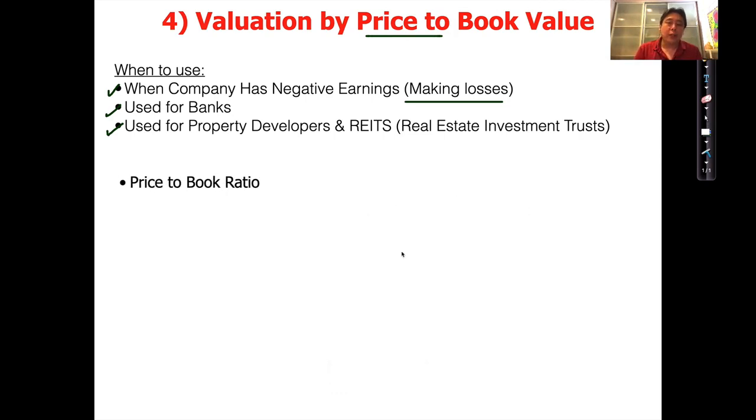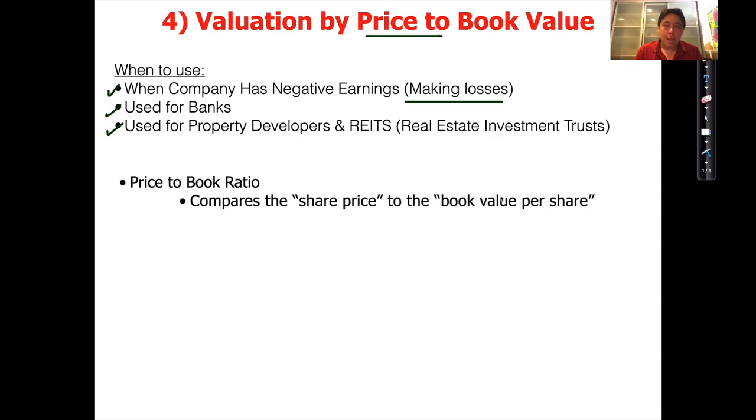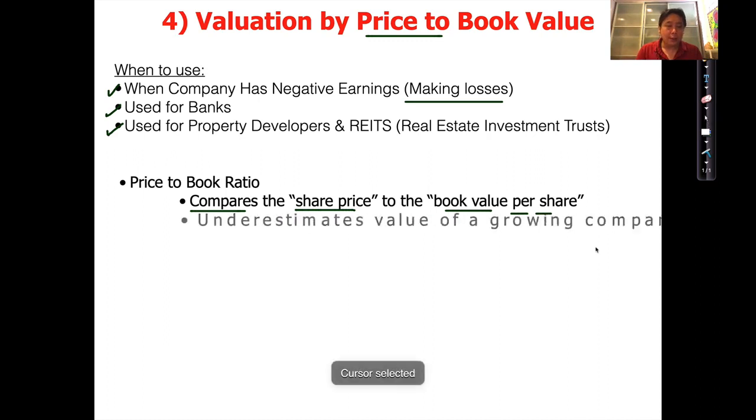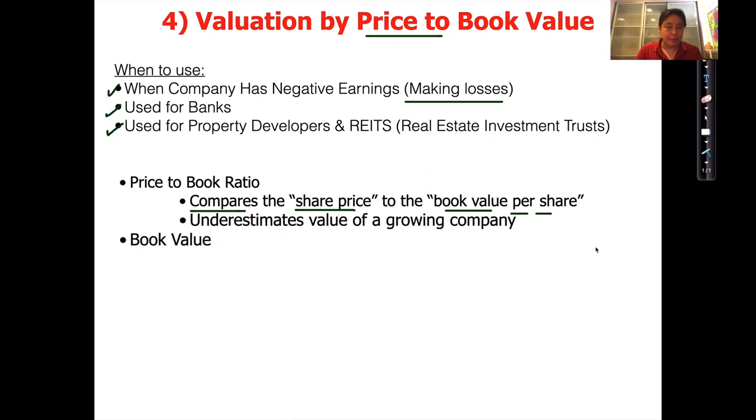So we're going to be using this ratio known as the price to book ratio. This ratio compares the share price we are paying to the book value per share. So what does book value mean? Okay, now book value basically means the liquidation value of the company. Once again, what's liquidation value?